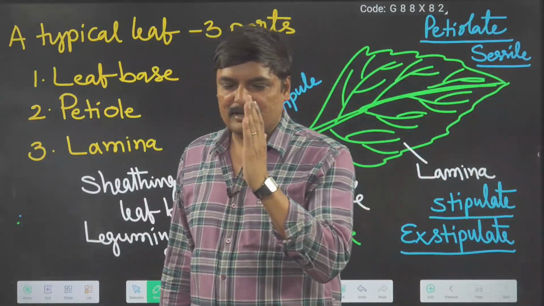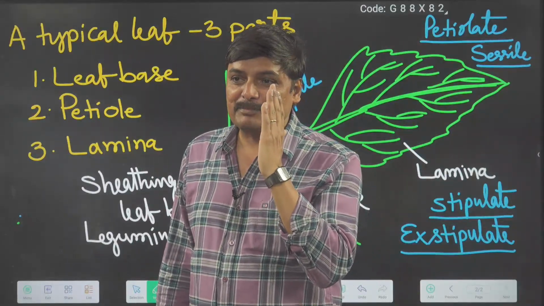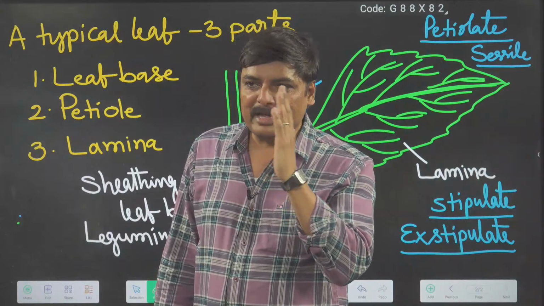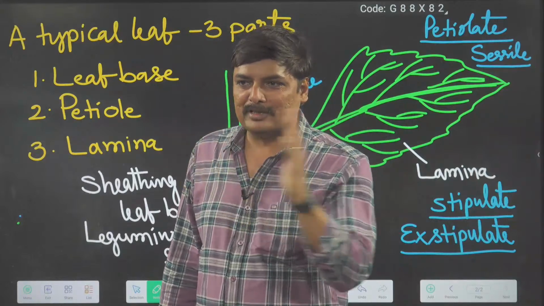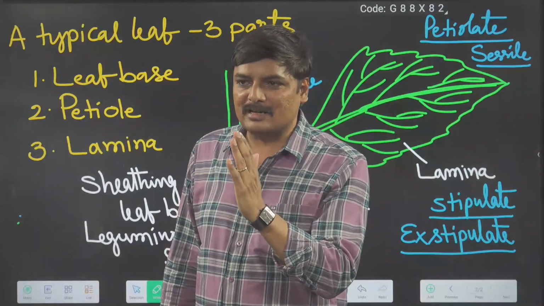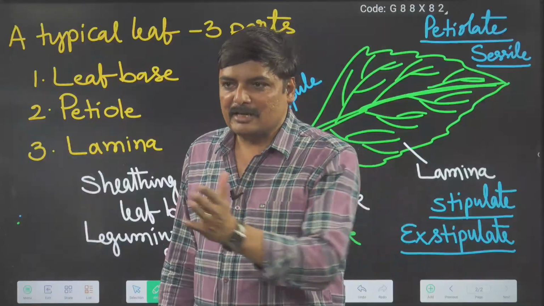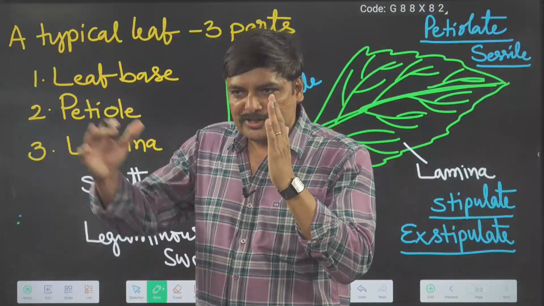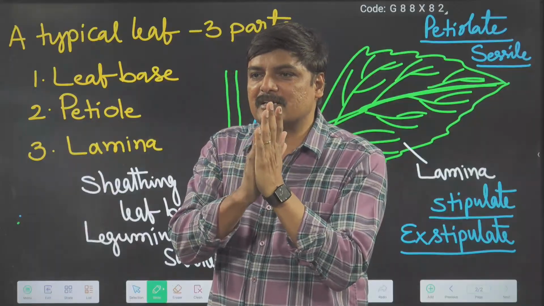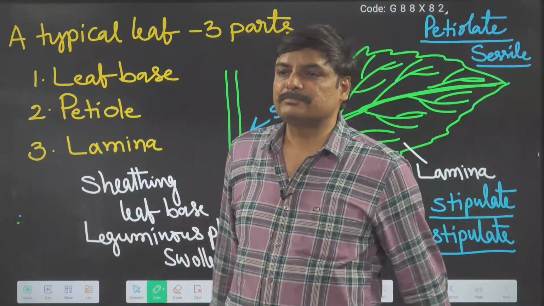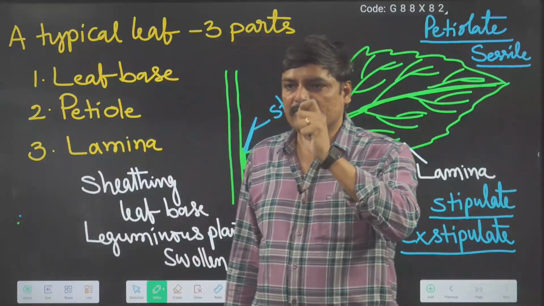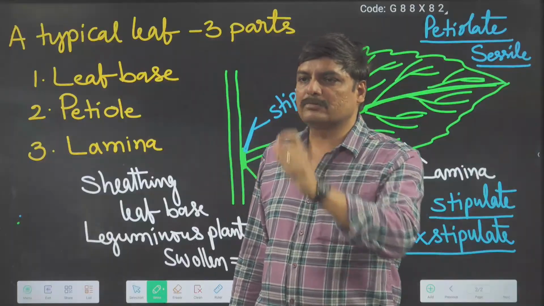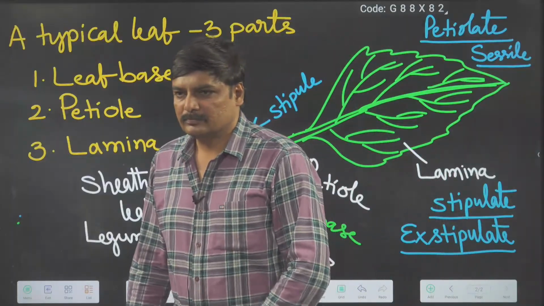So, in case of long flexible petioles, they may help in fluttering of the petiole in the air. As a result, exchange of air may take place, and fresh air comes, so that it causes cooling to the leaf. These are the functions of the petiole. Okay.